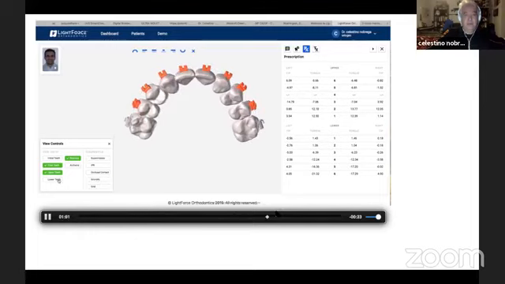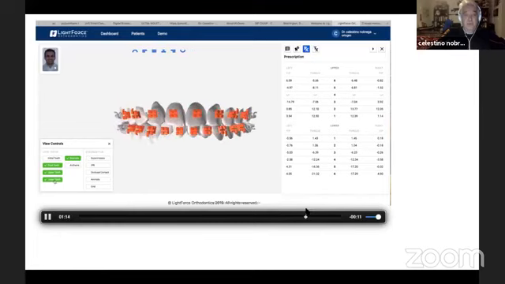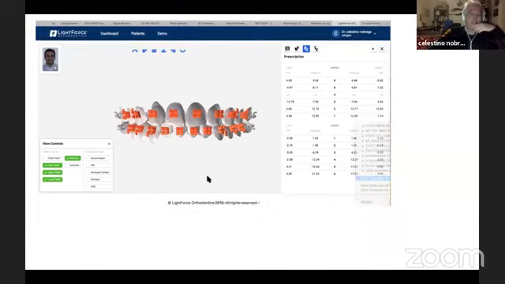And the most important thing is the prescription is customized for this patient. It's not Roth prescription. It's not MBT prescription. It's not a straight wire appliance. It's a 100% fully customized appliance. And the company prints the brackets in ceramic.